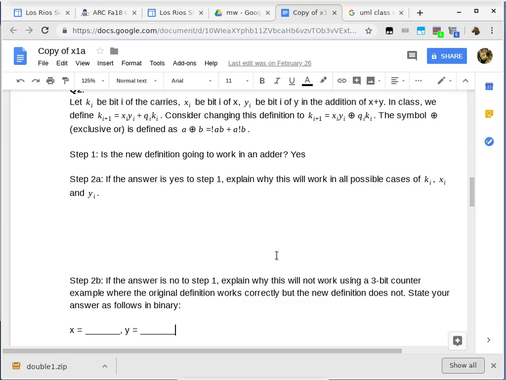Now, just stating that both conjunctions cannot be 1s will only get partial credit. The key connection is q_i. You have to use q_i in the explanation of why x_i y_i and q_i k_i cannot both be 1s. Can they both be 0s? Absolutely. k_i can be 0, one of x_i, y_i can be 0, then both terms are 0.